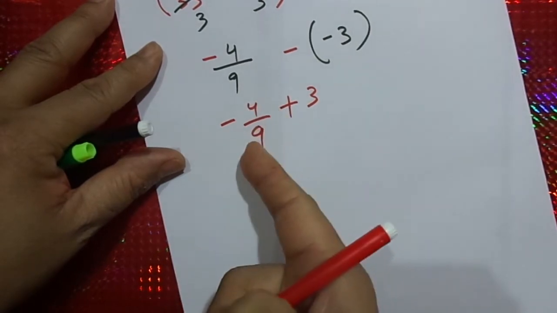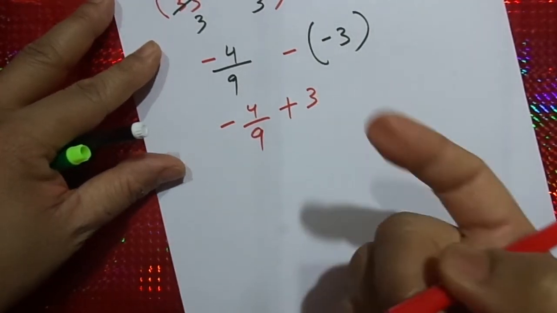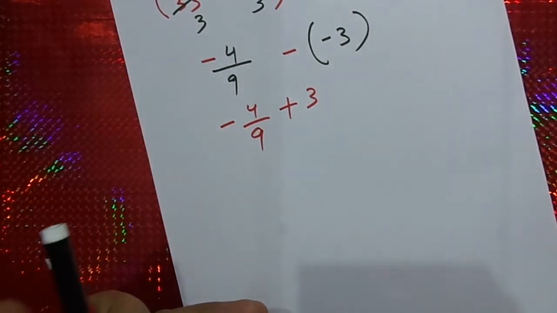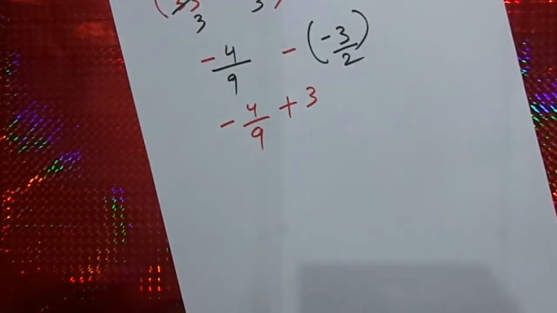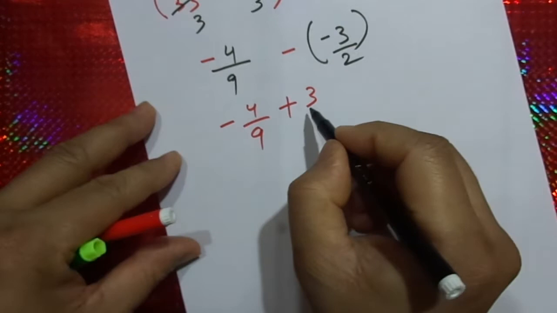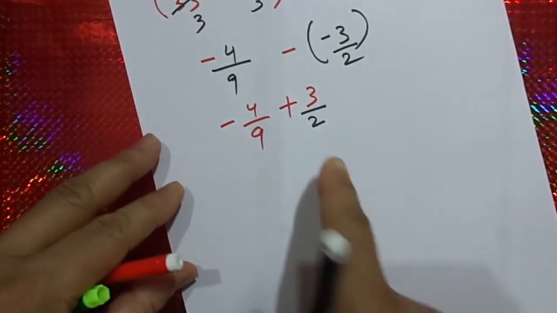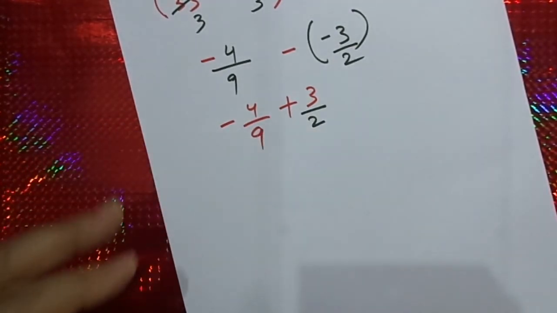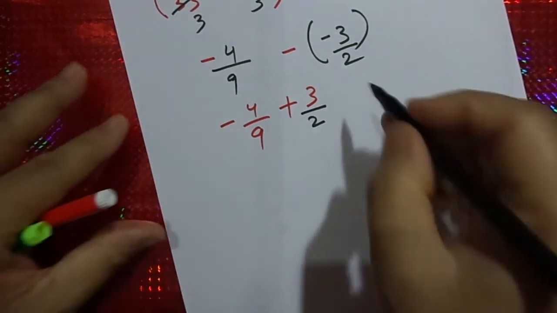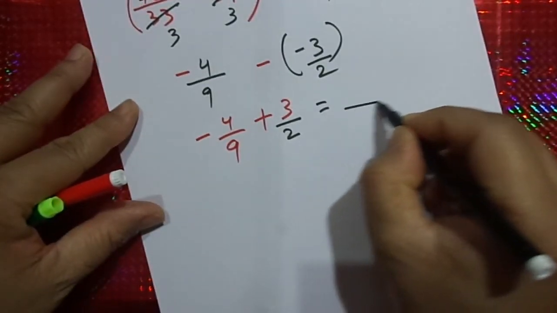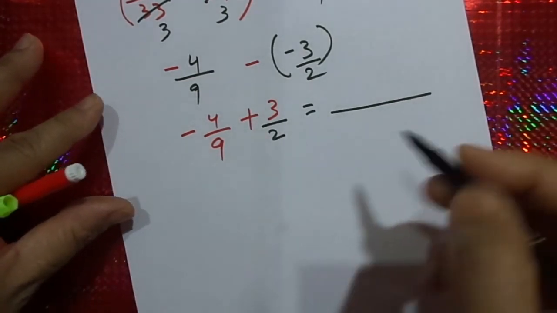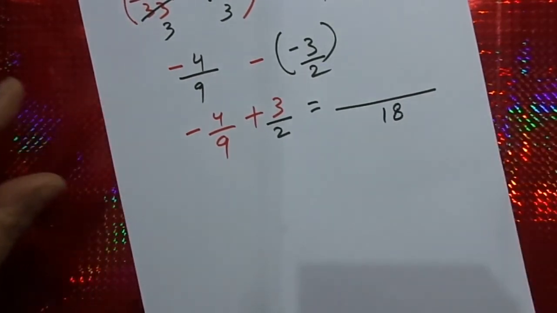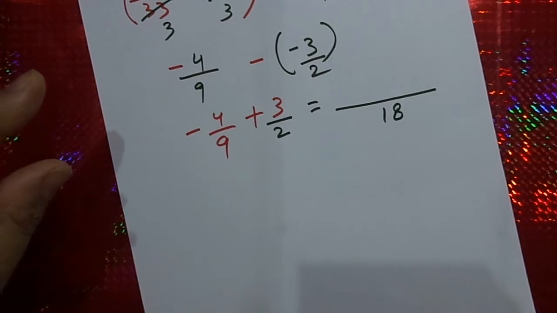So minus 4 by 9 plus 3. Have I left something? I think I have left something. I had left 2 over here. So let me mention these 2 with black only because I had made a mistake over here. Now, no mistakes are there. We'll find the LCM. And the LCM of 9 and 2 is equal to 18. Why 18?